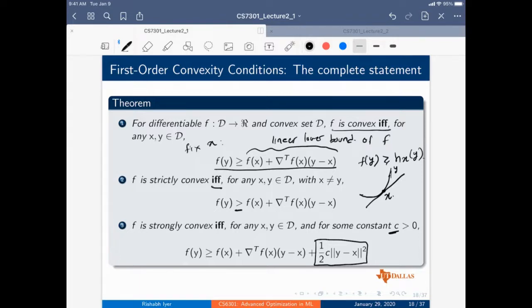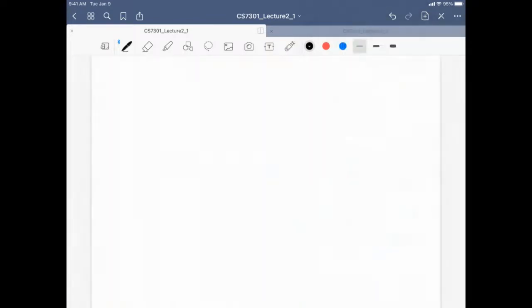So the intuition is that for any convex function, you have a linear lower bound everywhere. Note that if a function is linear, then this matches: the lower bound is equal to the function itself.